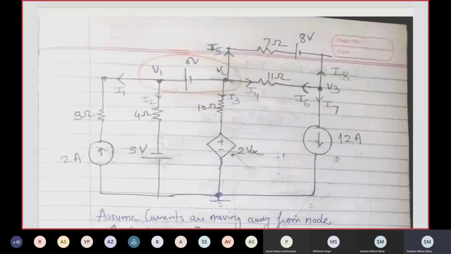What is I7? I7 is having the same direction as the 12 ampere source. So I7 is 12 ampere. And I8 is going from V3, then 8 volt, and then V2. So V3, then negative to positive. So V3 plus 8 minus V2 upon 7.